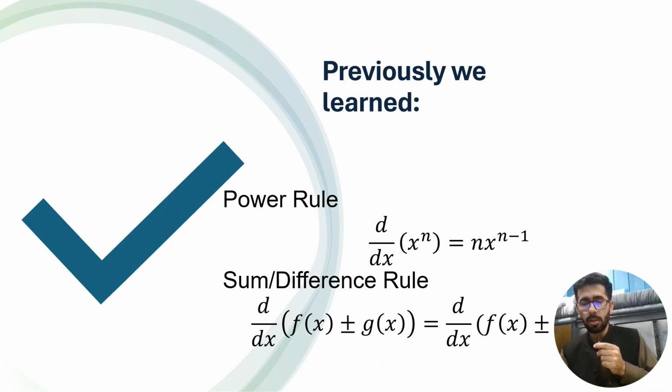So we lower the original power by 1 and multiply the resultant with the original previous power. In a similar way, we discussed that if two functions were added together and you needed to find the derivative of the sum, it would be the sum of derivatives. If you want to find the derivative of the difference, that would be the difference of two derivatives.